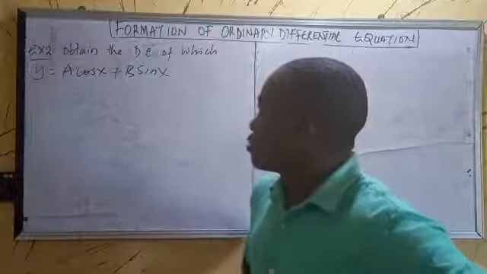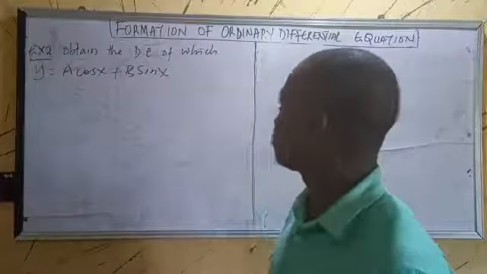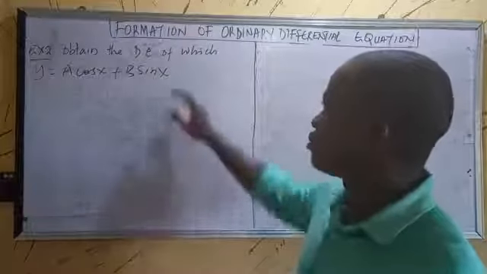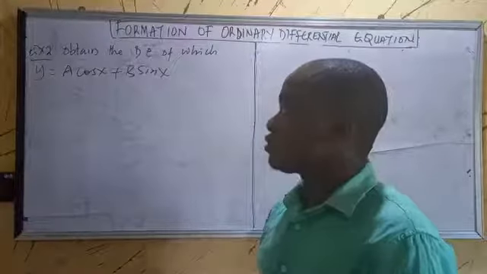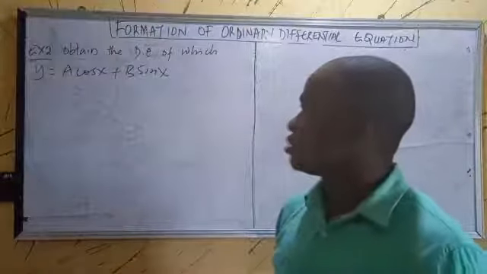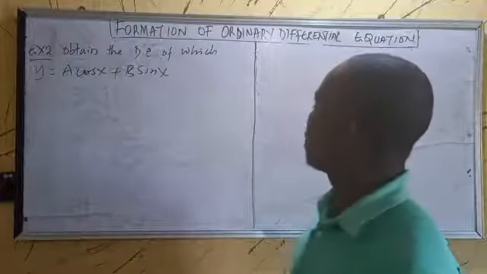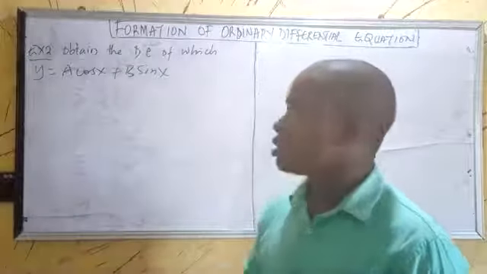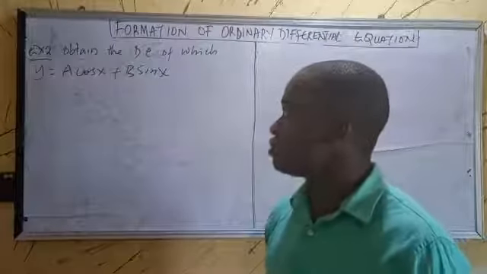So now, this will be the continuation of the last video I dropped on formation of ordinary differential equations. In the first problem we solved, we formed a differential equation from an ordinary equation with one arbitrary constant.